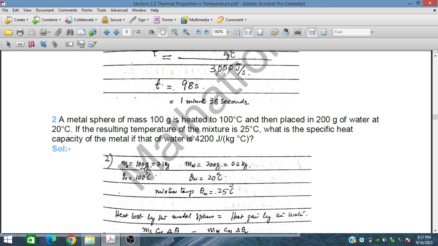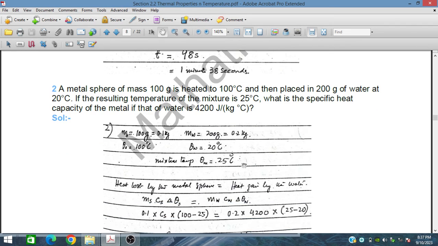So the mass of the sphere is 100 grams, that is 0.1 kg, and the mass of water is 200 grams, that is 0.2 kg. The temperature of the sphere is 100 degrees Celsius, and the temperature of the water is 20 degrees Celsius.